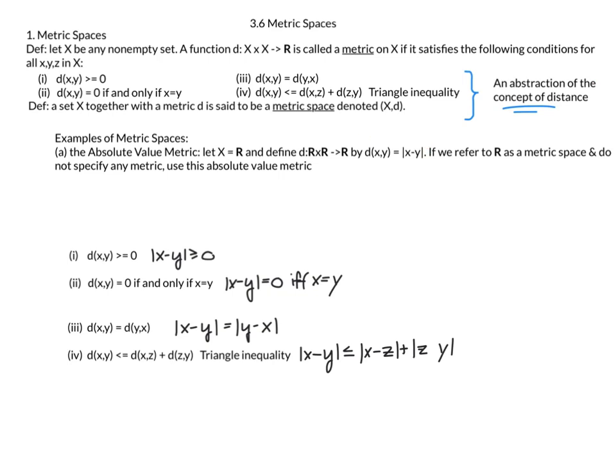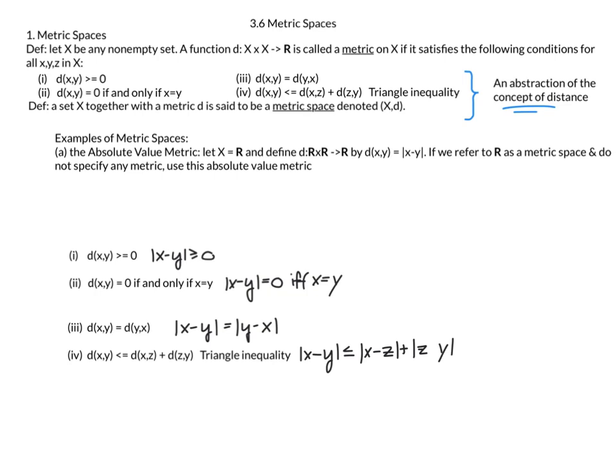So in particular, we define the absolute value metric as the absolute value of x minus y. So d(x,y) is equal to the absolute value of x minus y. We can see that this metric follows all four conditions, which I have copied here. First, we know that the absolute value of x minus y is always greater than or equal to 0 because it's an absolute value.